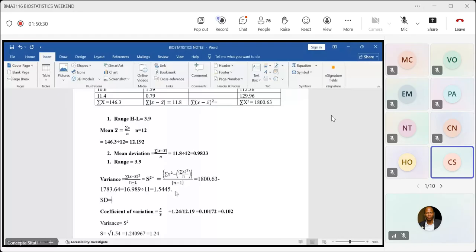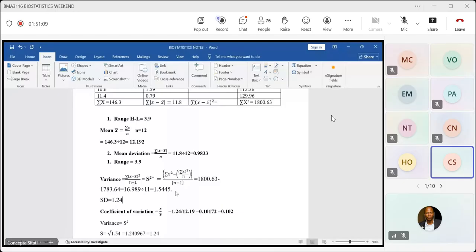What is the square root? It gives us 1.2428.